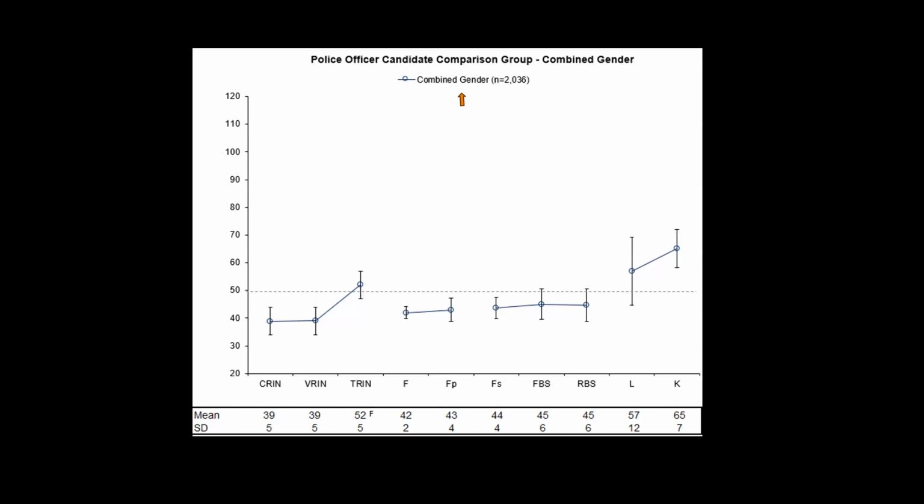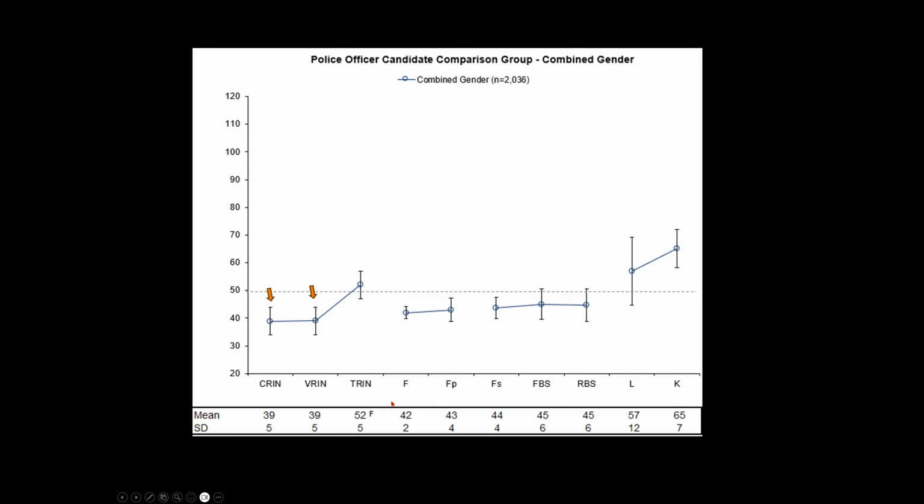And it is by no means a random sample of the adult population of the United States, and we can see some very significant differences between their scores. And of course, again, the normative sample would have a mean of 50 and a standard deviation of 10.